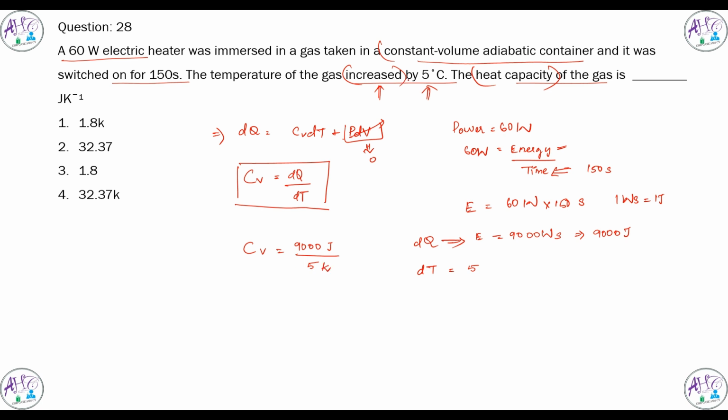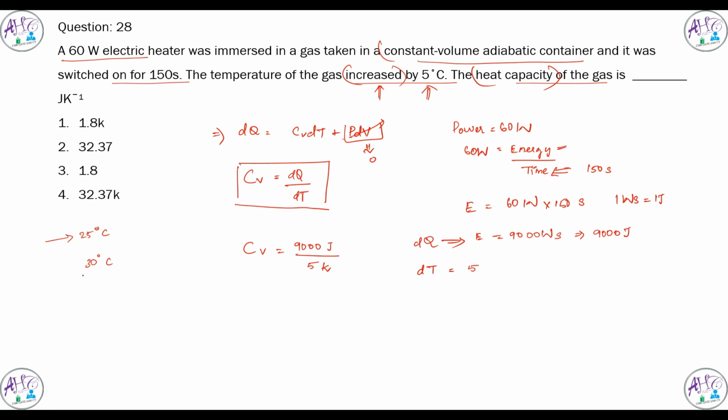Why I say Kelvin is this: let's assume I take the ideal temperature as 298 Kelvin, or 25 degrees Celsius. That temperature is increased to 30 degrees Celsius. That's what they have said, right? The temperature was increased by 5 degrees Celsius.